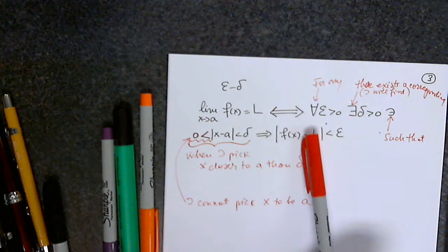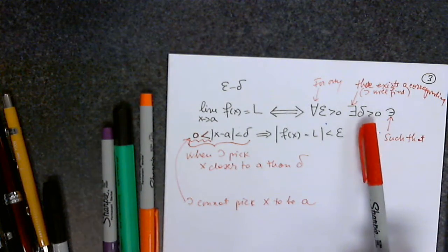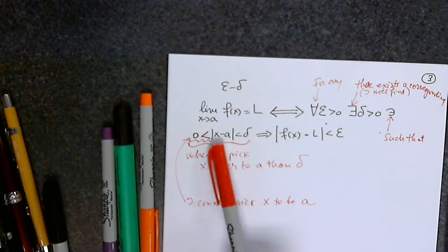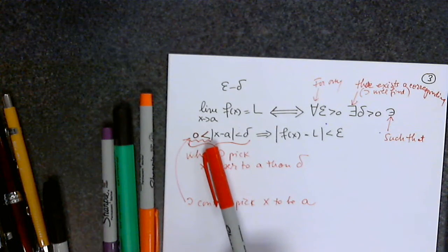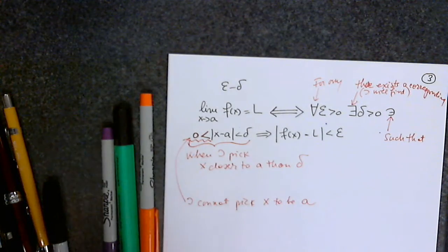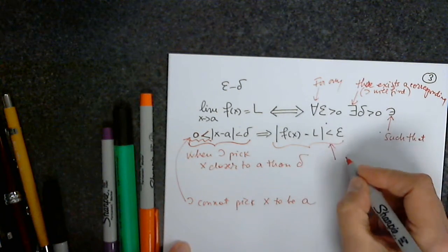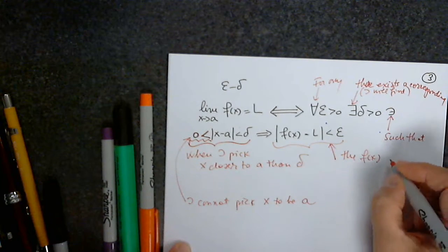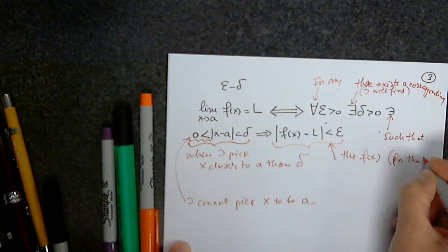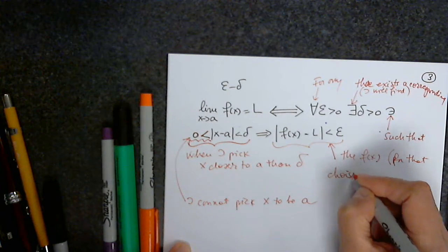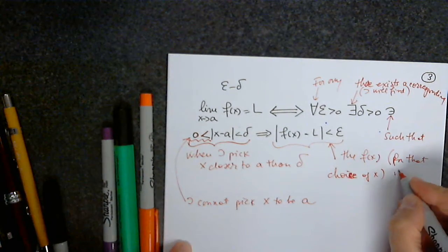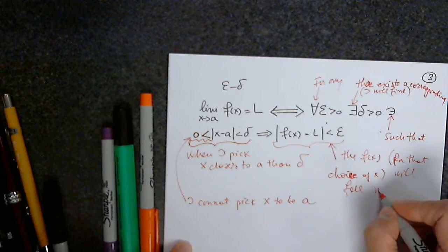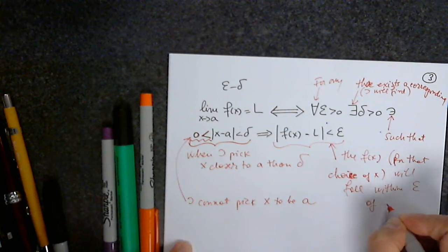So for any epsilon positive, I will find there exists a corresponding delta positive such that every time I pick an x that is close to a, not a, but delta close, not outside of delta, okay, that will always imply the f of x, I'll put in parentheses, for that choice, of x will fall within epsilon of L.